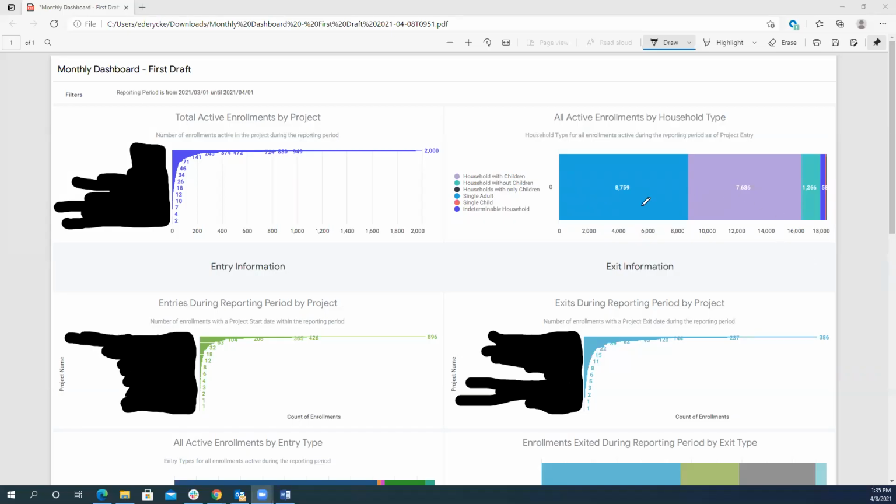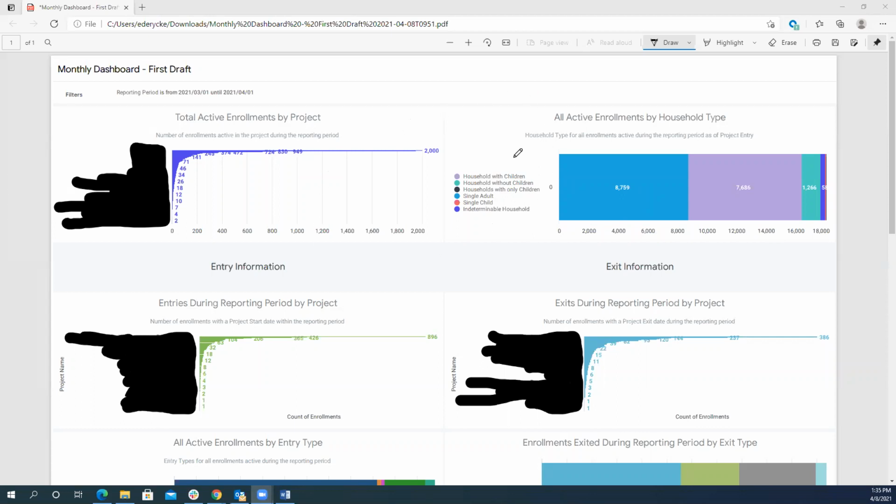Or if you know you don't serve any children and a child is showing up, something like that. So that's kind of what we're trying to get at with the dashboard. I have a draft to share, and I would like to get feedback from the group on if this is helpful, or what else can be added.